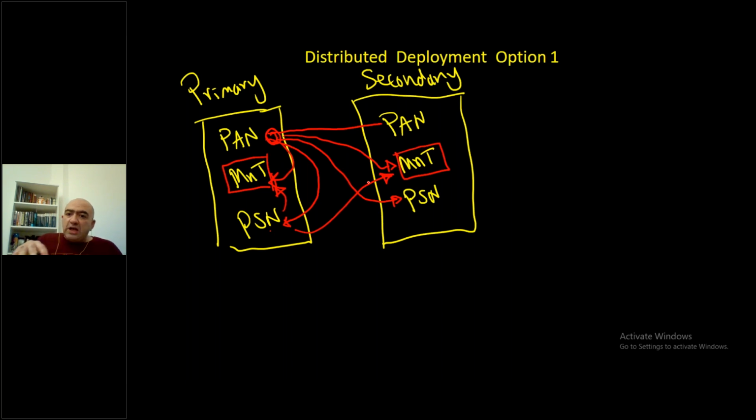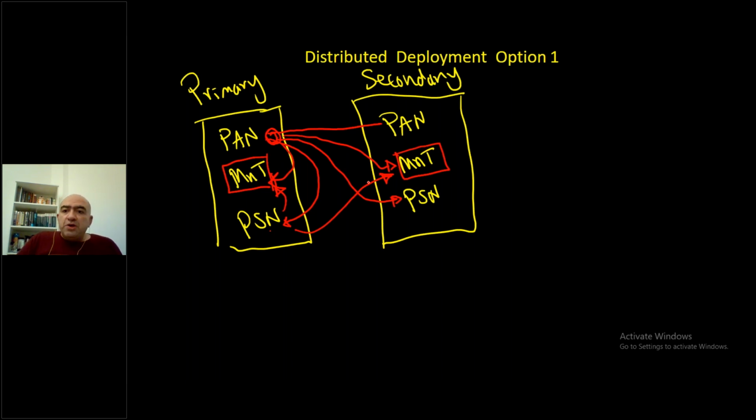So for the administration persona and policy service persona, for PAN and PSN, replication is happening with no issues. But when it comes to the monitoring node, there is no replication between them. And if I am a PAN or PSN and I want to send some piece of information as a log to my monitoring nodes, I need to send it twice, to this guy and to this guy.